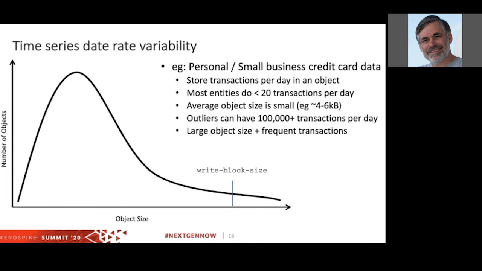What you want to do is pick a reasonable size that has some outliers, so that in most cases your data will fit into a single Aerospike record. Your entire time series data fits into a single record. This can't always be the case. You may need to go beyond that. But the point is, you want to try to pick a reasonable block size that will support the greatest number of use cases.